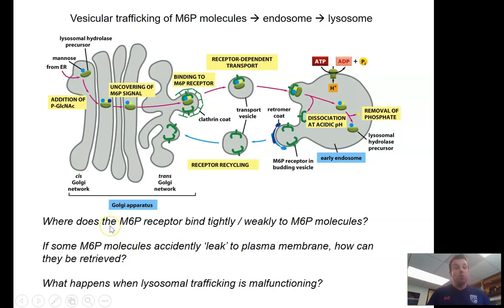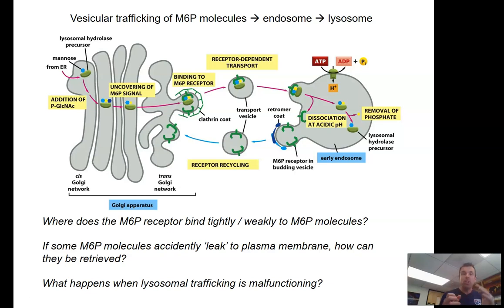So my question for you: where does the M6P receptor need to bind tightly to the M6P lysosomal enzyme, and where does it need to bind weakly to it? Well, if you think back to when we were talking about ER retrieval, the receptor needed to bind tightly in the Golgi because that's where it's grabbing it, and then needed to release it in the ER where it's letting it off.